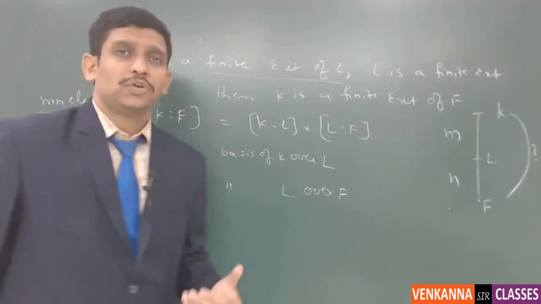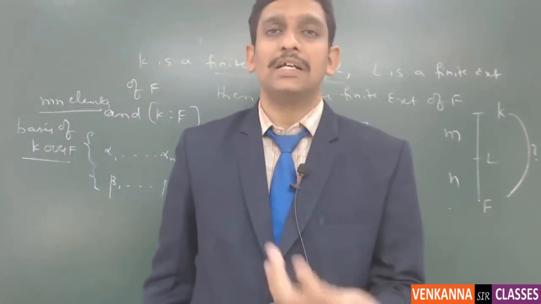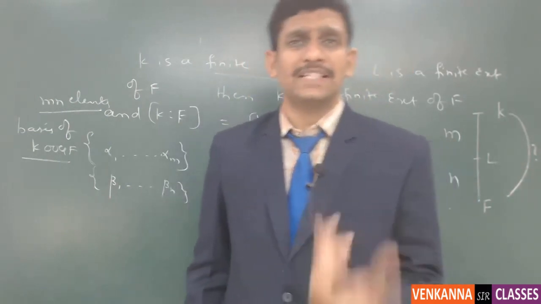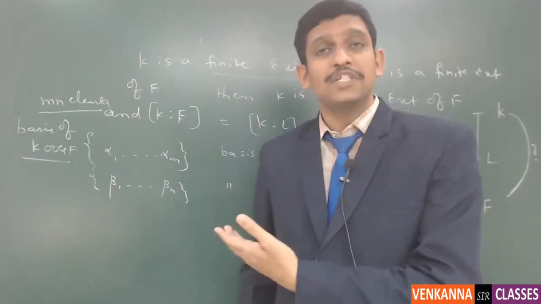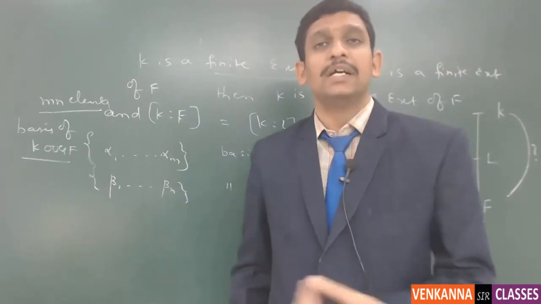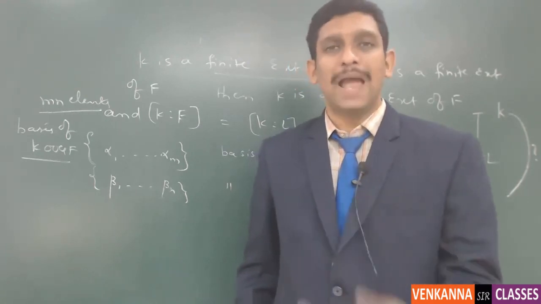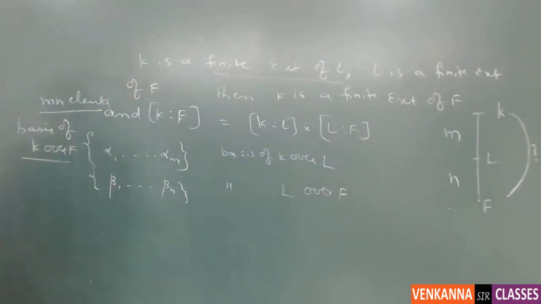So we need to identify what is the set having mn elements, that is one. And secondly, that set must be a basis. It means that it must be linearly independent and it must span the vector space K. Okay?